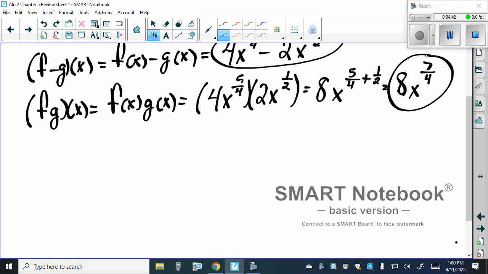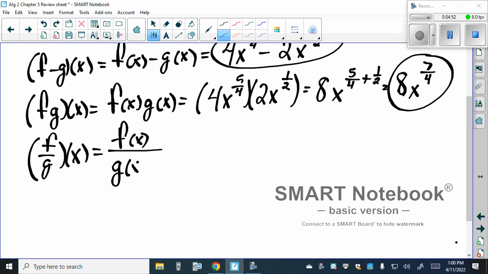Now the last one that we have is f divided by g of x. Well, this is the same as saying f of x divided by g of x. Well, our f of x function is 4x to the 5/4, our g of x is 2x to the 1/2.